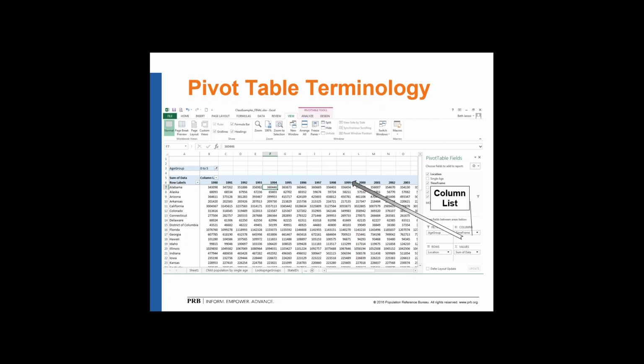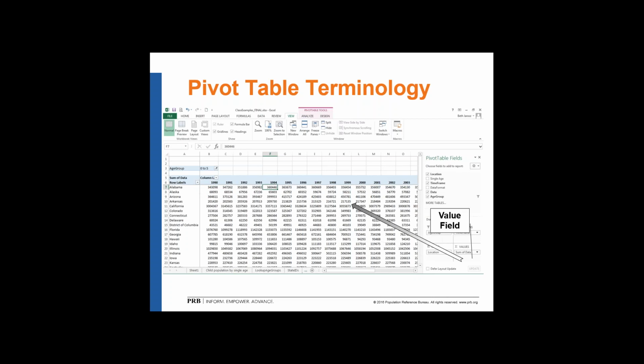In this area below, there's a columns list, and any variable you drag from the fields area down to columns is going to become the header, the column header, or the labels across the top of your pivot table. Any variable you drag down to the row list is going to populate those row labels on the left-hand side of your pivot table.